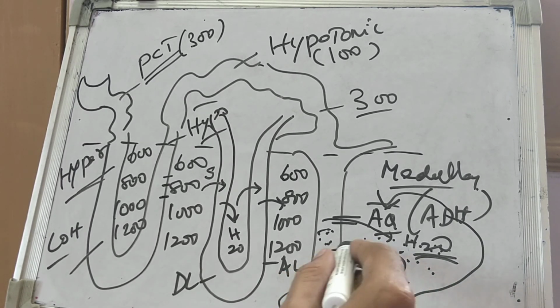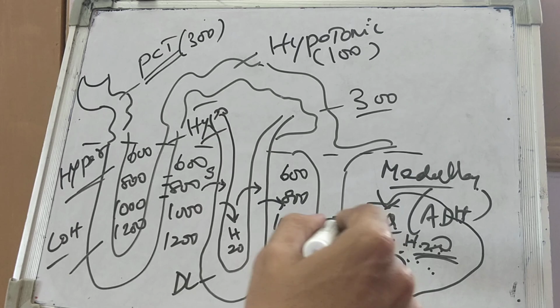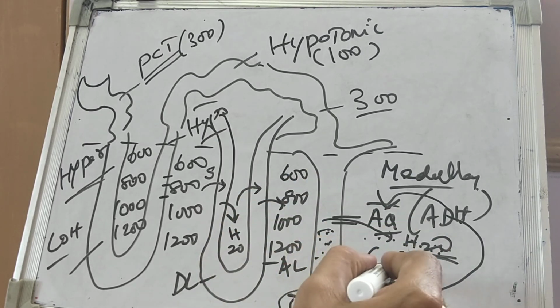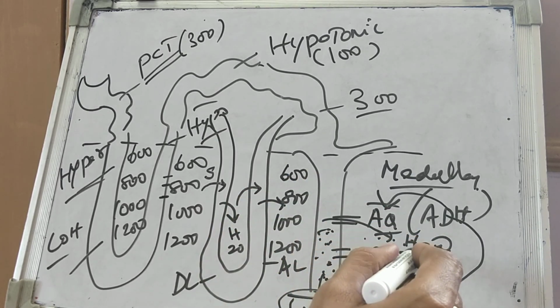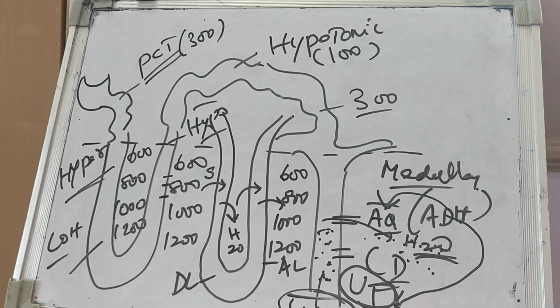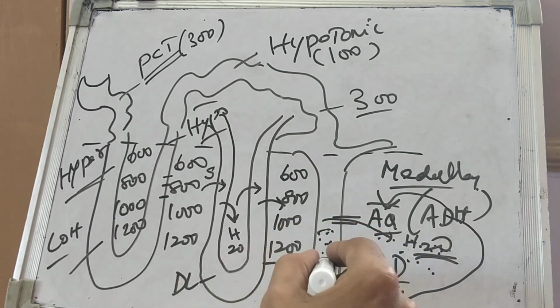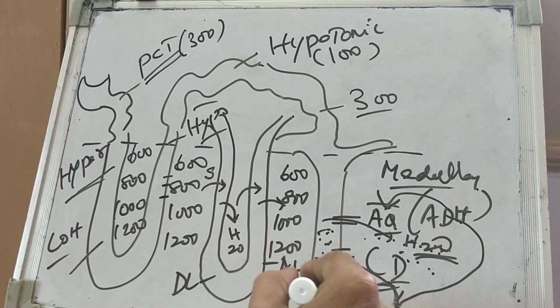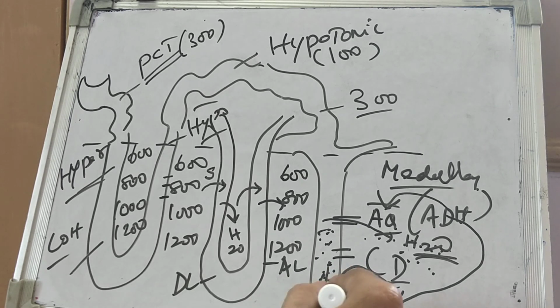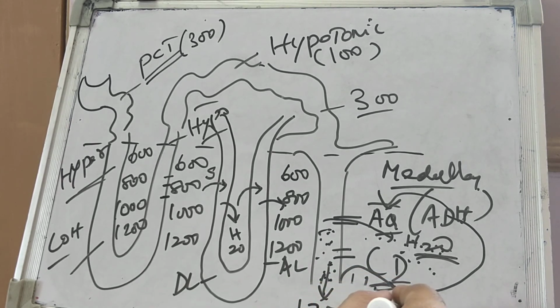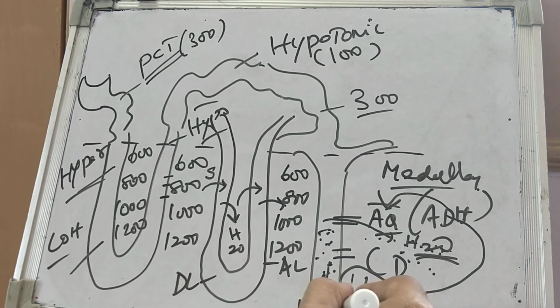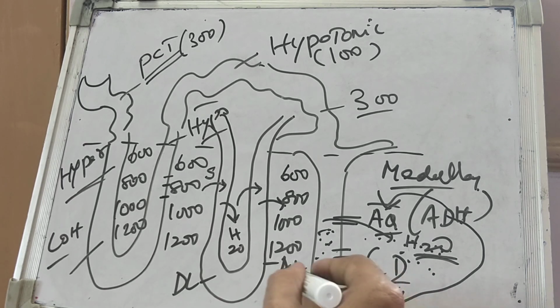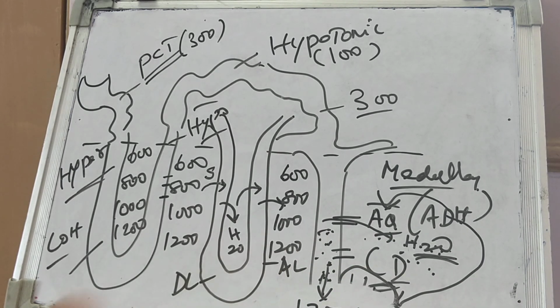So urea adds to the medullary interstitial osmolarity, and this will also enhance the concentration of the urine. So the maximum concentrating ability of the urine is 1200 milliosmoles. This is the maximum concentrating ability of the kidney. So this much it can concentrate.